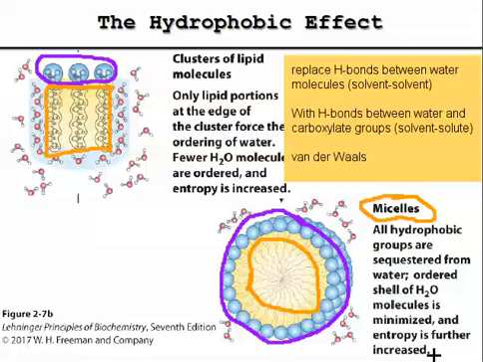And so this close packing of the fatty tails helps to minimize the surface area of hydrophobic groups exposed to water, because with hydrophobic groups we can't substitute solvent-solute interactions in the place of solvent-solvent interactions. And so this is very thermodynamically unfavorable.